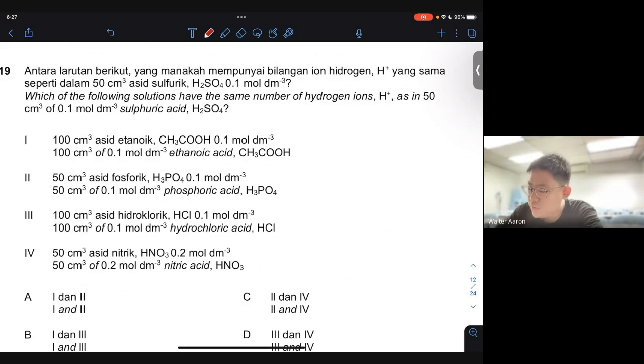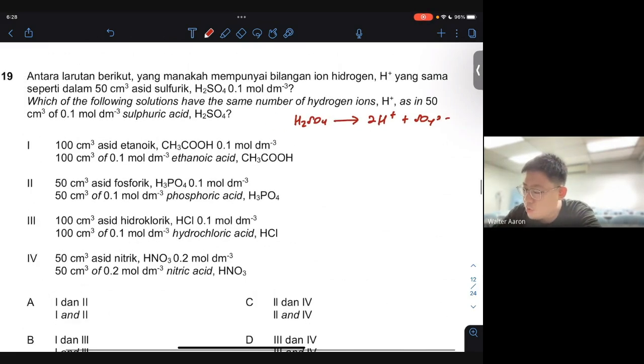So for sulfuric acid, if you were to ionize it in water, what will happen is that it will dissolve in water to produce twice the number of moles of hydrogen ions compared to other acids, right? So we have to calculate the number of moles of the acid first, and then calculate the number of moles of hydrogen ions. Then only we'll be able to compare individually which one has more hydrogen ions, which one has fewer.